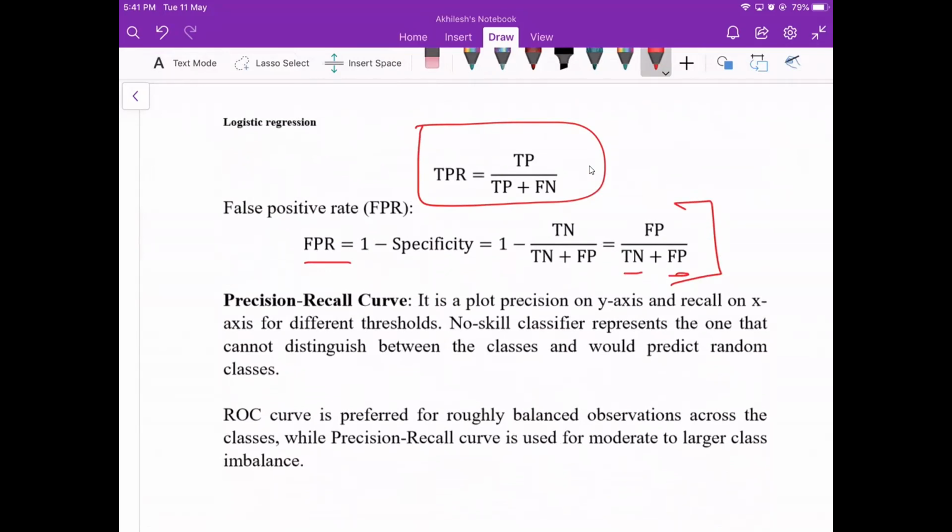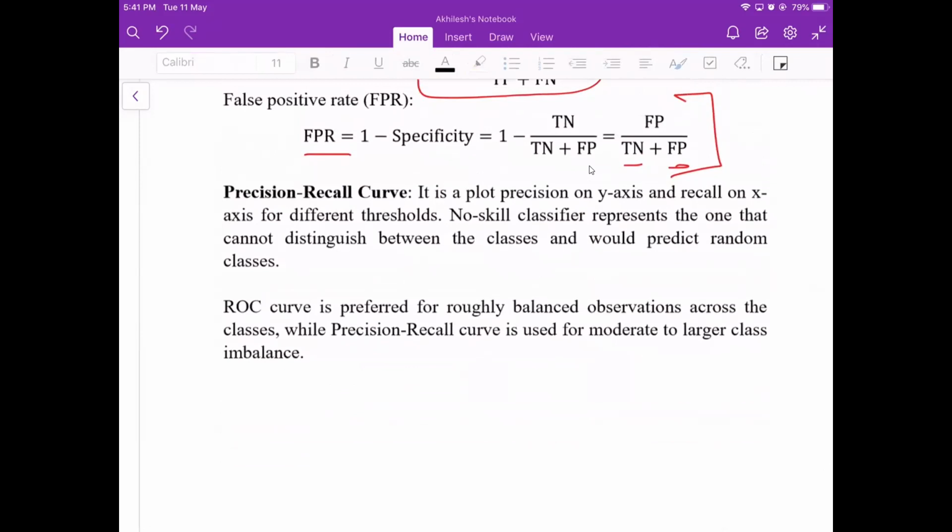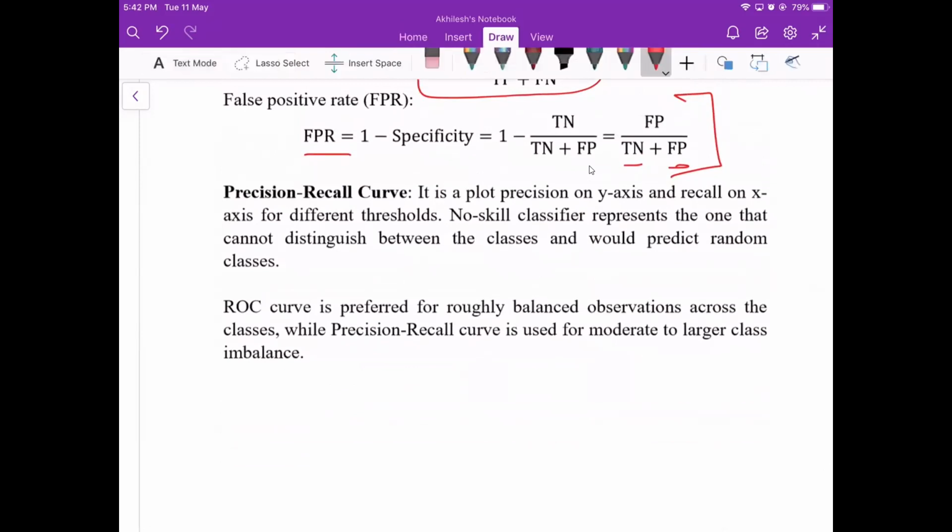There is another measure, the precision recall curve. It is a plot of precision on the y-axis and recall on the x-axis for different thresholds.